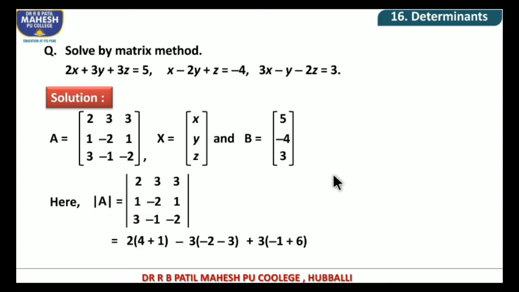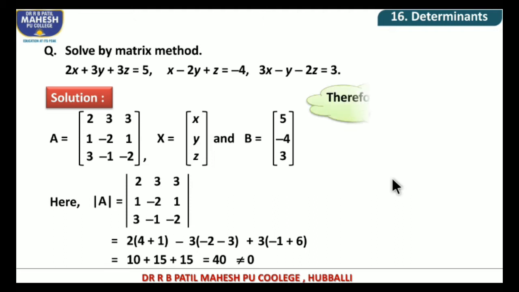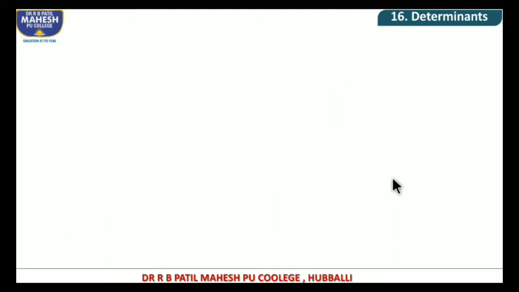After simplification we have 5 into 2 is 10, minus 5 into minus 3 is plus 15, and plus 5 into 3 is 15. Therefore we have 10 plus 15 plus 15 is equal to 40, which is not equal to 0. Therefore the given matrix A is non-singular, so A inverse exists.